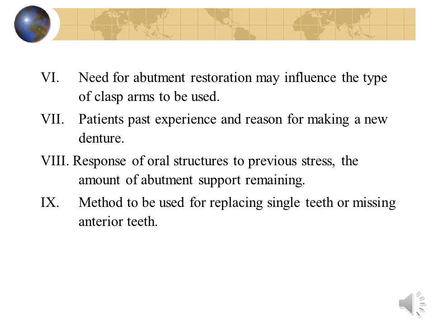Patients' past experience and reason for making a new denture can also influence the design, as can the response of oral structures to previous stress and the amount of abutment support remaining. Also, the method of replacement of teeth can influence the RBD design.